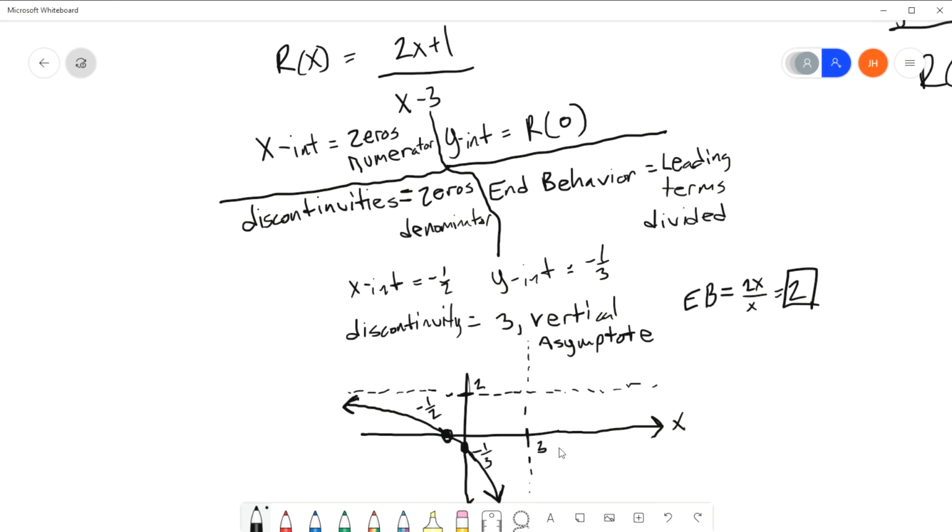If I came from down here, I would have to cross the x-axis to get to that end behavior. But there's no x-intercept there, is there? So I know that it actually comes from up above and goes off towards y equals 2. And this is my sketch of the graph of r of x.